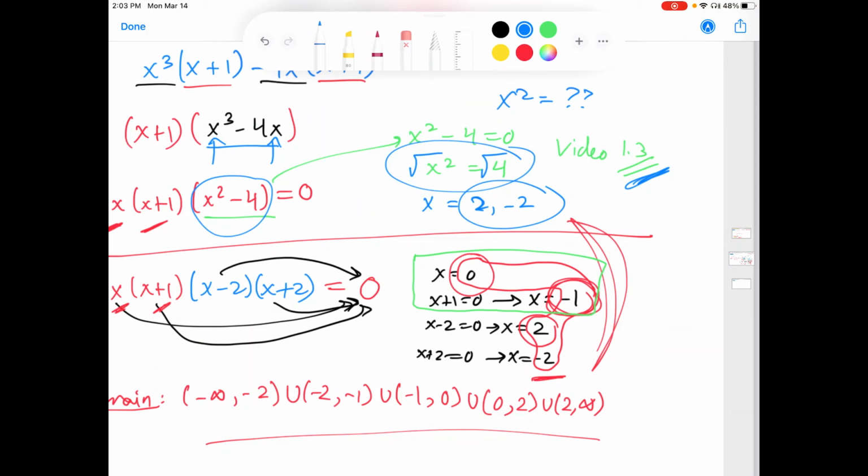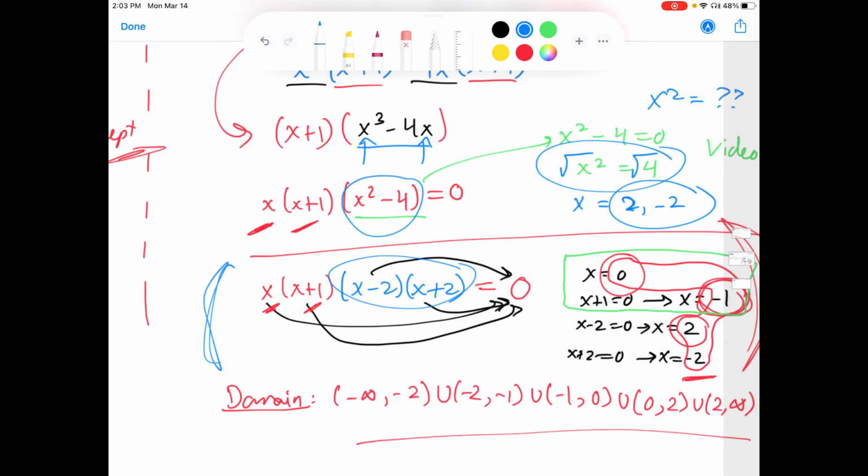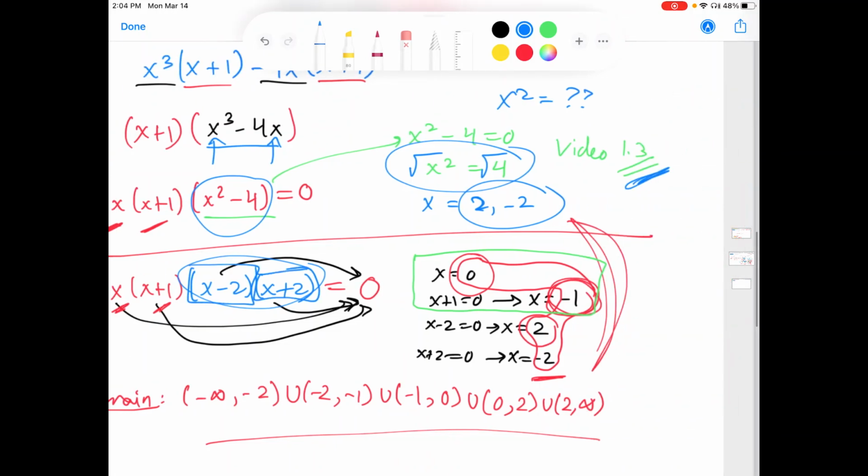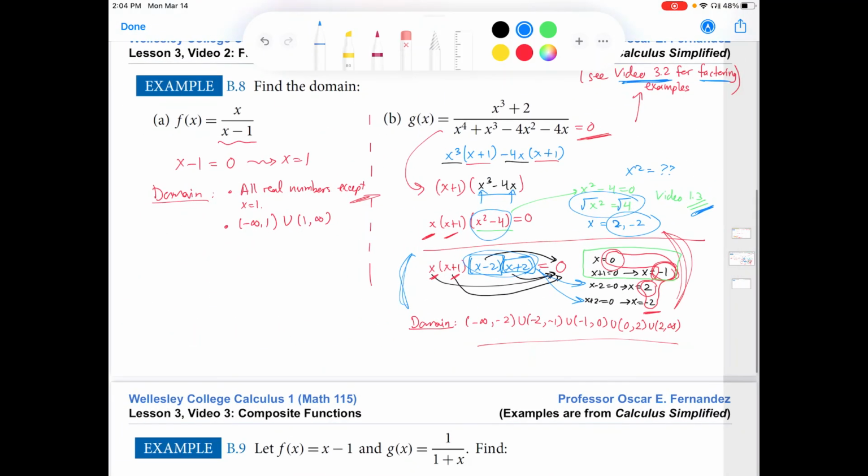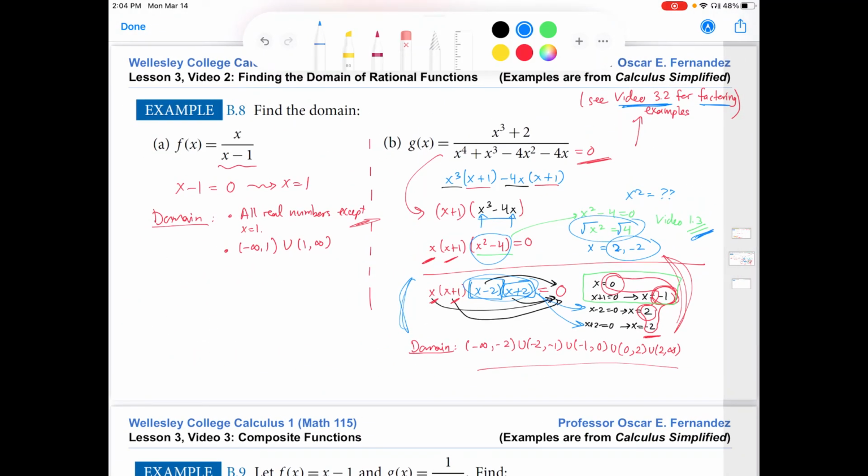And maybe you'll miss a solution. So you won't miss the solution if you factor using a difference of squares, right? As we did down here, the setting equal to 0 part will give you each factor, which themselves will lead to the solutions. Okay, so that's it for this video. This is finding the domain of rational functions.